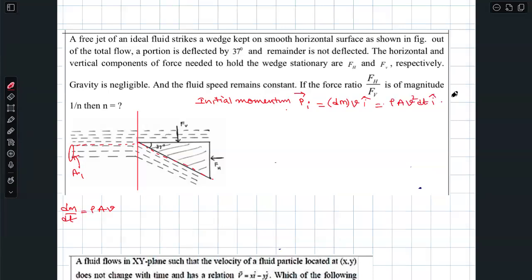Please confirm whether you understood this step or not. Immediately after, the final momentum. Of course, the magnitude is the same.